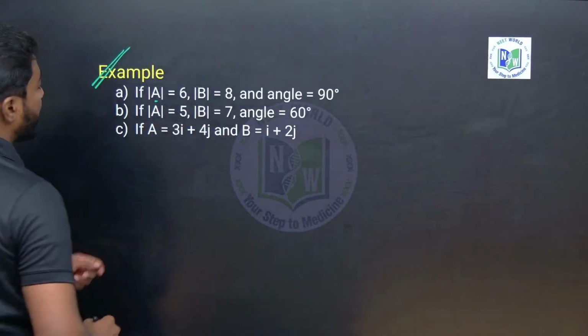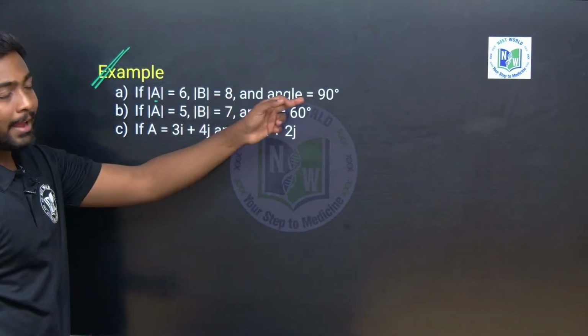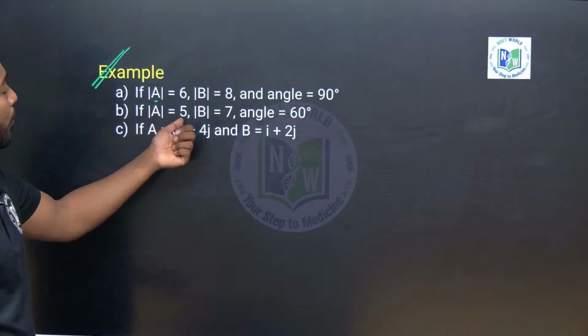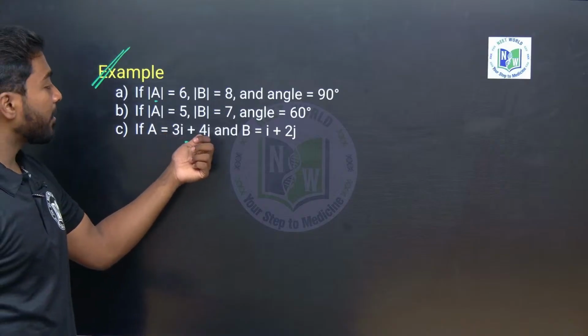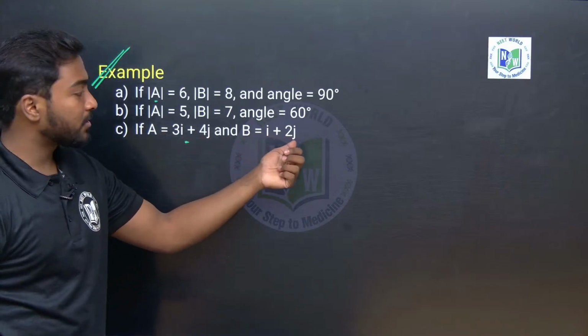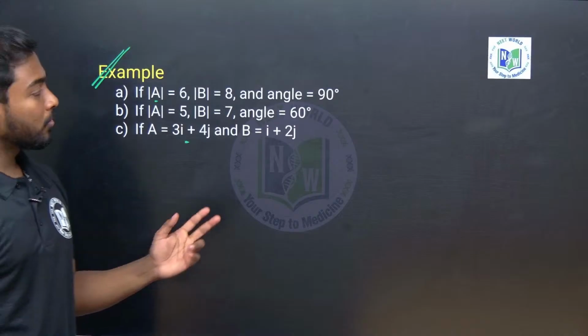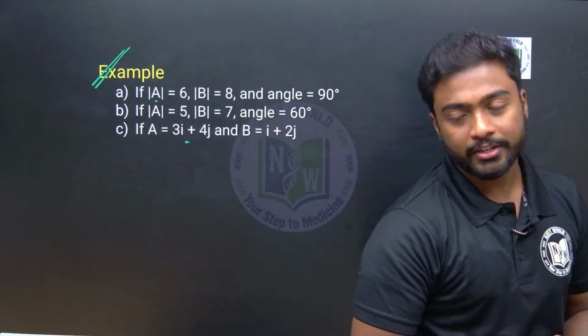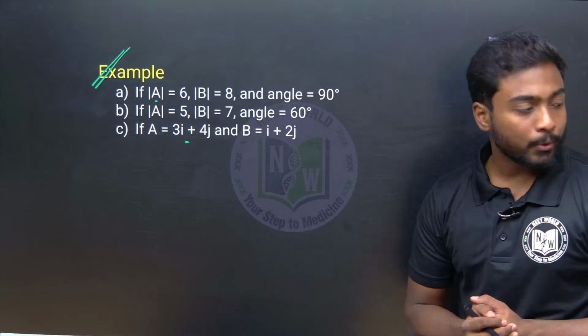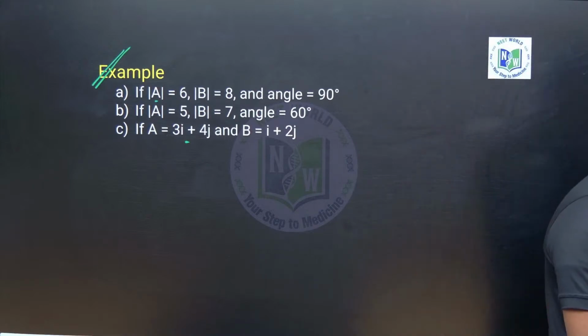First, A is equal to 6, B is equal to 8, angle between them is 90 degrees. Second, A is 5, B is 7, angle is 60 degrees. Third, A is given as 3i plus 4j and B is given as i plus 2j. I can use both formulas we have discussed, the algebraic formula as well as the direct formula, AB cos theta. You can use this formula and give the answers.